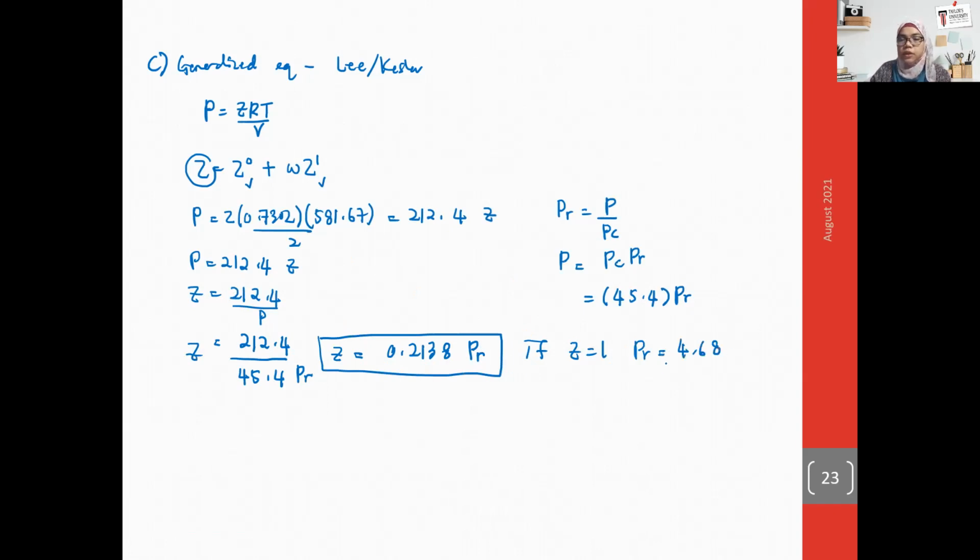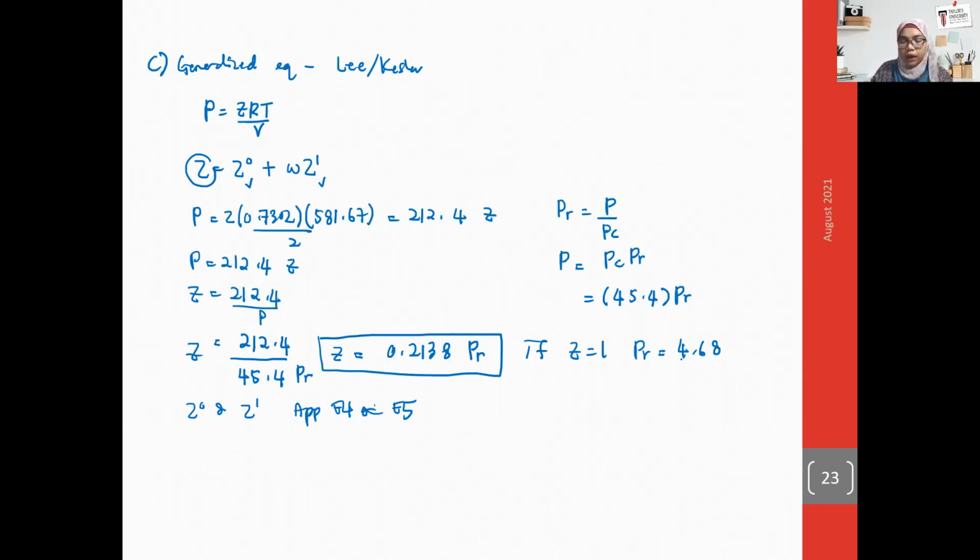By using this 4.68, we can refer to the appendix to define your Z0 and Z1, at appendix E4 and E5. We need to define Z0 and Z1, that's why we need to have this correlation, or try to have our first assumption.